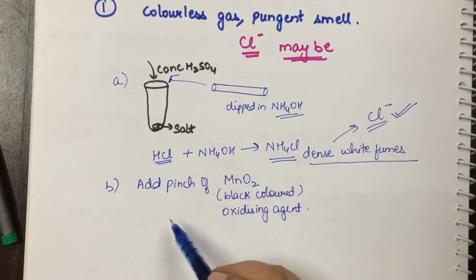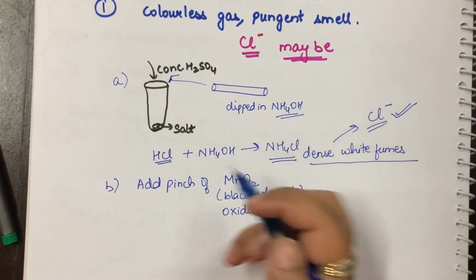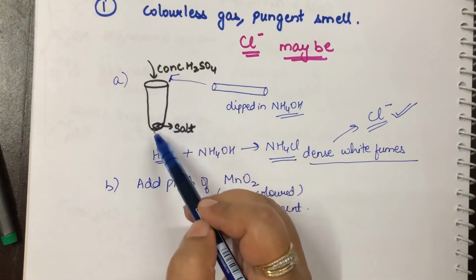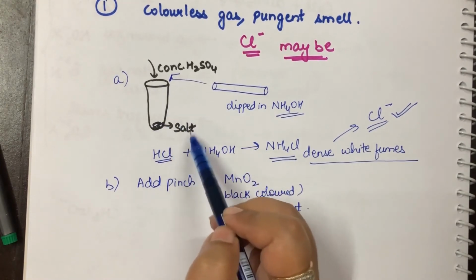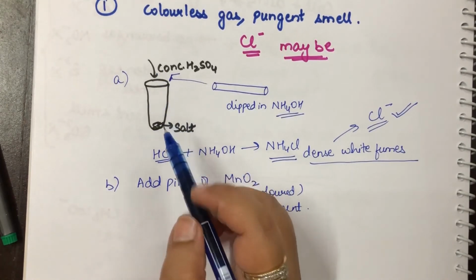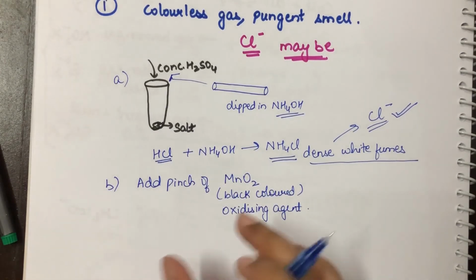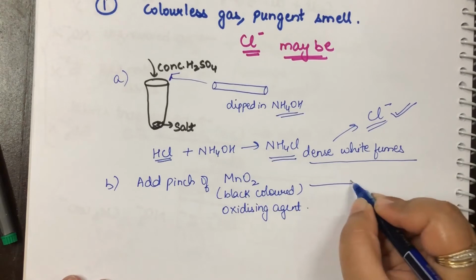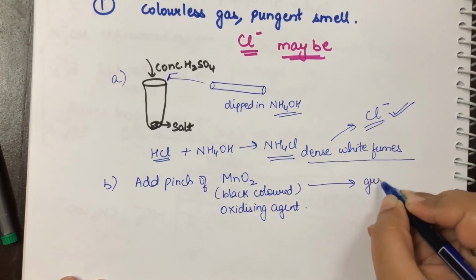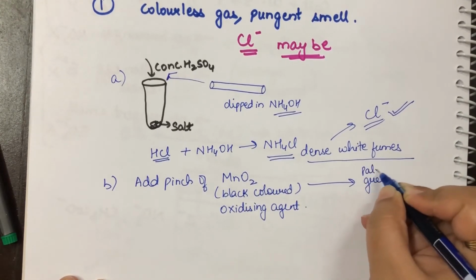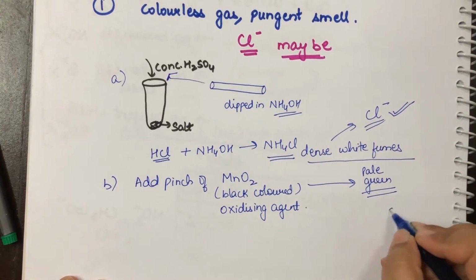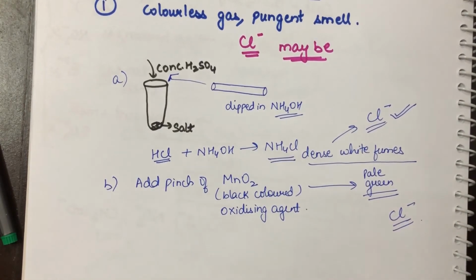I am adding MnO2 through the sides of the same test tube in which there was salt and concentrated H2SO4. If it converts the HCl gas that was coming out to chlorine, and it shows us a pale green color, then again it is confirmed that chloride was present. If there is no pale green color, then chloride was absent.